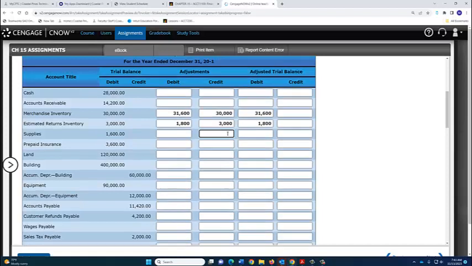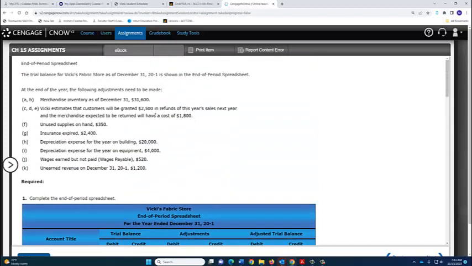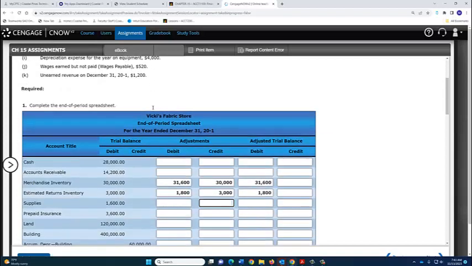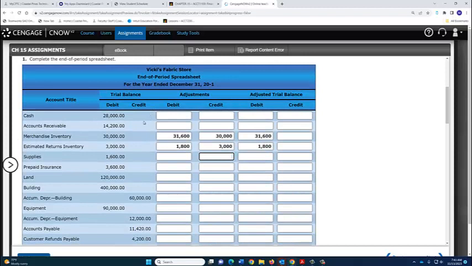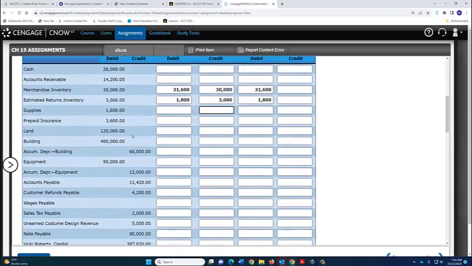Now we need to adjust the amount of the refunds. The refunds are listed at $2,500, and down here they are shown as $4,200.